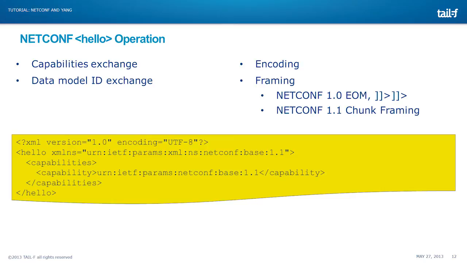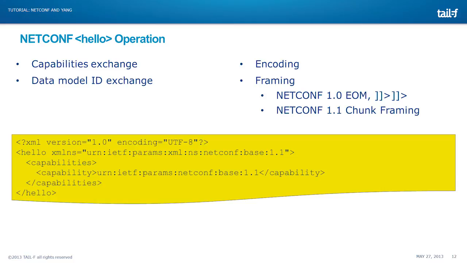It also allows the network element to advertise what data models and revisions of those data models are supported by the device. There is also the encoding and framing, which is specified as a result. As mentioned earlier, NETCONF 1.0 and 1.1 had slightly different framing mechanisms.